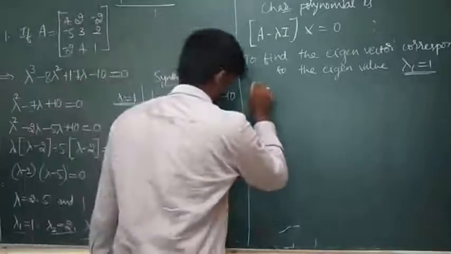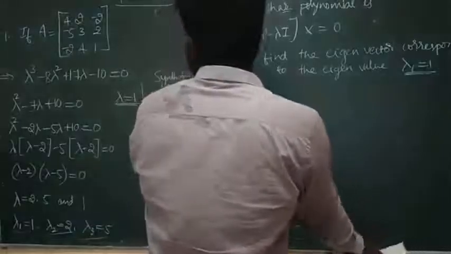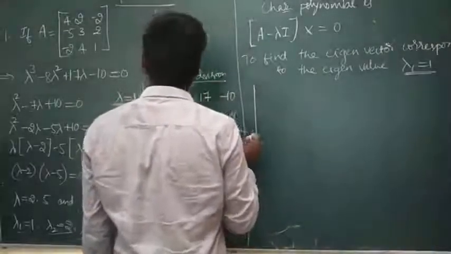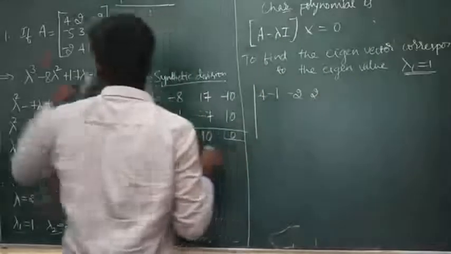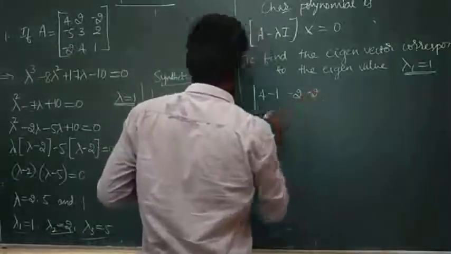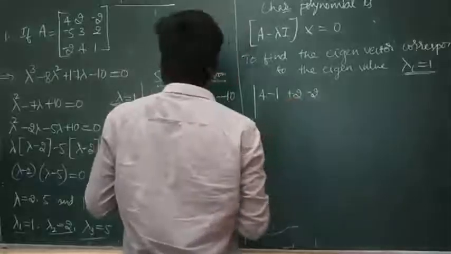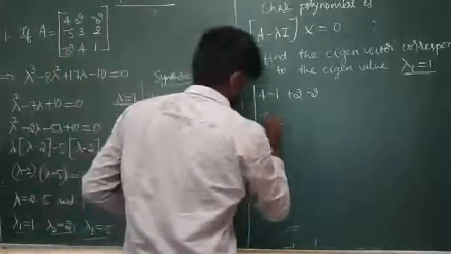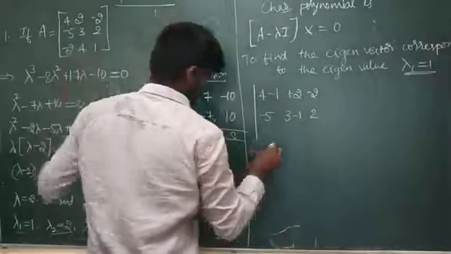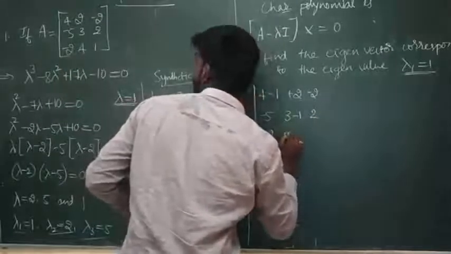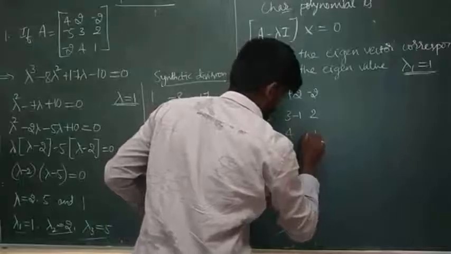Therefore, we get the matrix given by 4 minus 1, minus 2, 2 minus 2 here, and minus 5, 3 minus 1, 2 as it is, minus 2, 4, 1 minus 1.